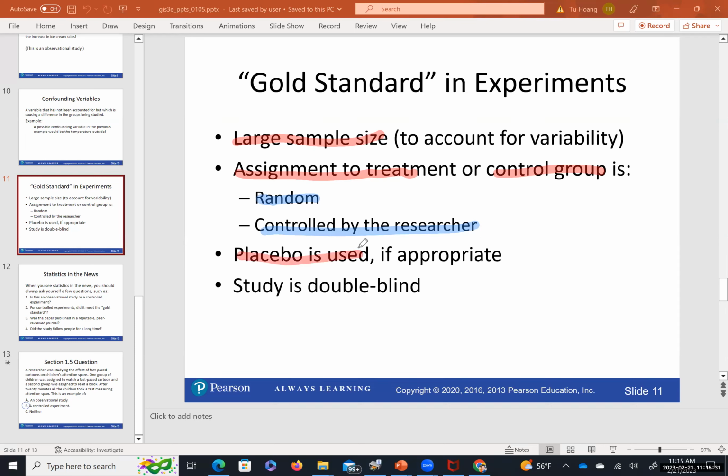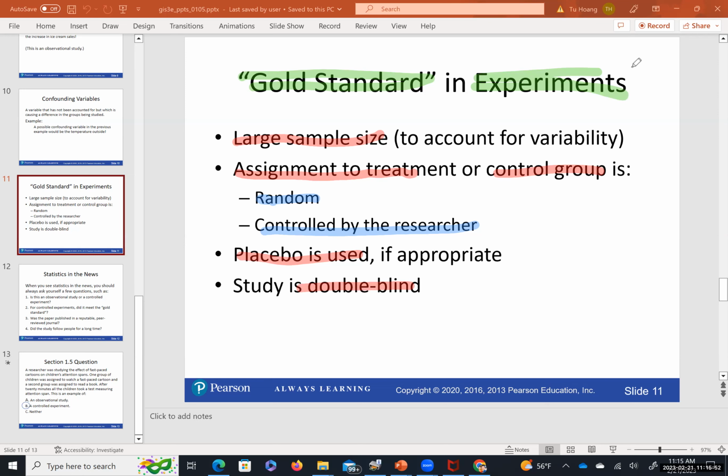Placebo is used if appropriate, and study is double blind, okay, to make a gold standard in experiment. Okay.